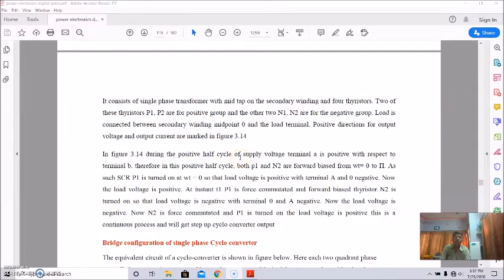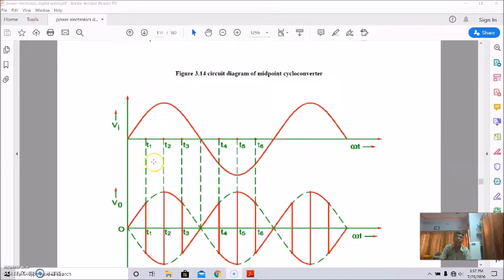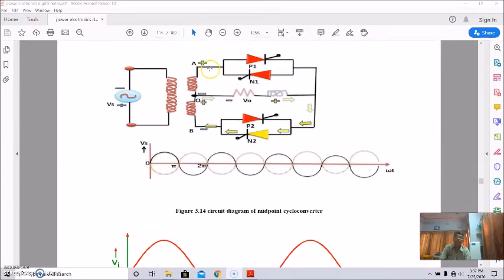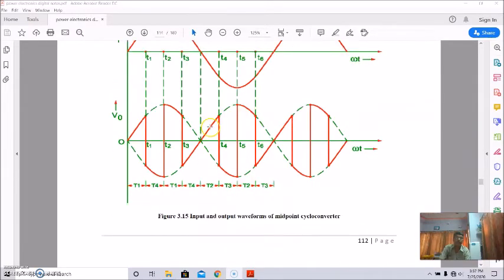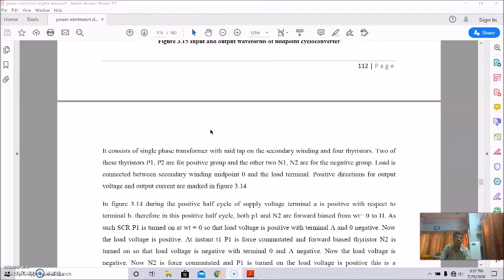So during the positive half cycle of the supply voltage, supply terminal A is positive with respect to terminal B. This is B. So terminal A is positive and terminal B is negative.